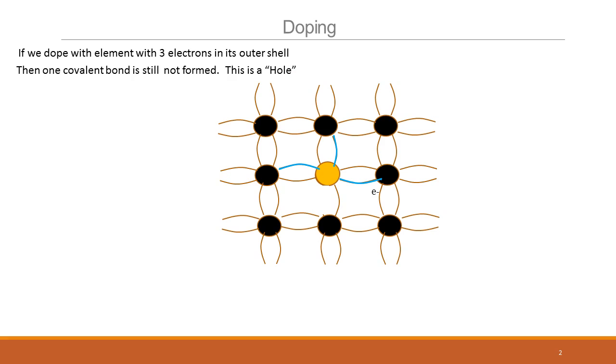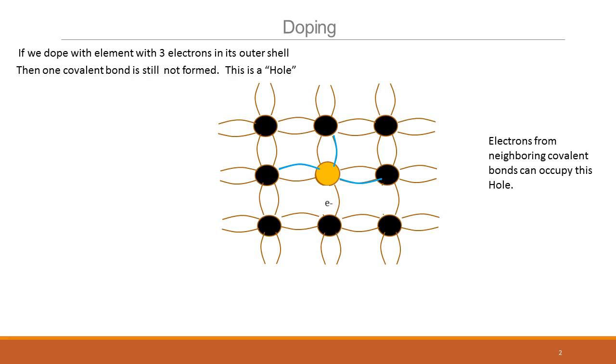Okay. So as we've seen in the previous lectures, a bond is nothing but a shared electron between 2 adjacent atoms. Right? If you give it some energy, either through heat or some other means, it is possible that this electron actually breaks free from this covalent bond and traverses the lattice to come to this bond.